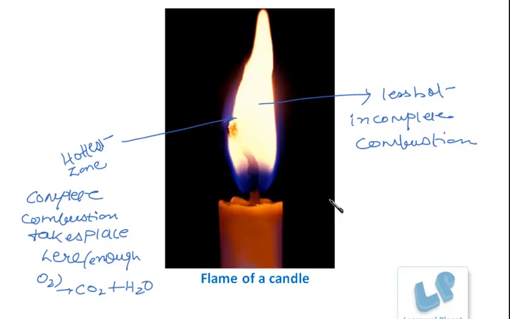Why so? Because of insufficient oxygen. What all are the products here? Carbon monoxide plus carbon plus water. This carbon is given out as soot. And this zone emits most of the light.